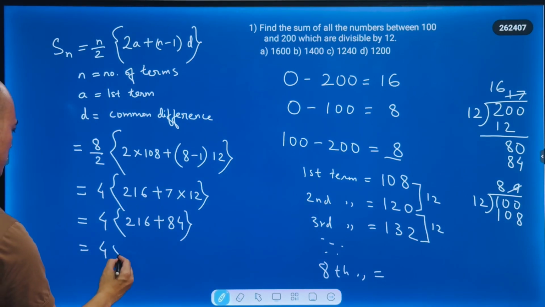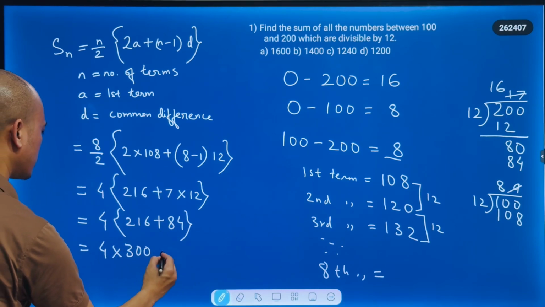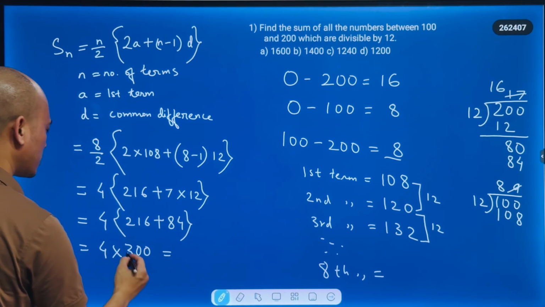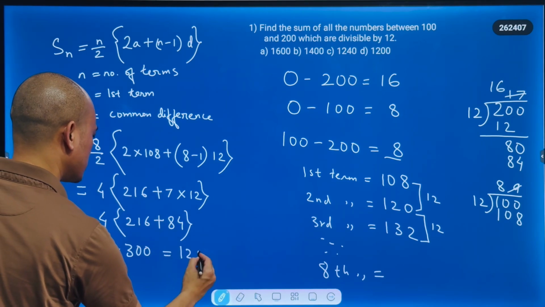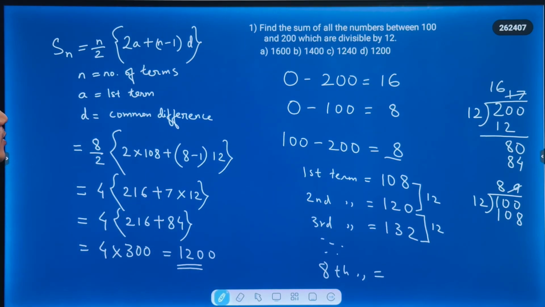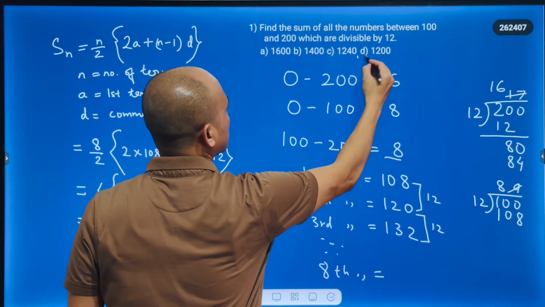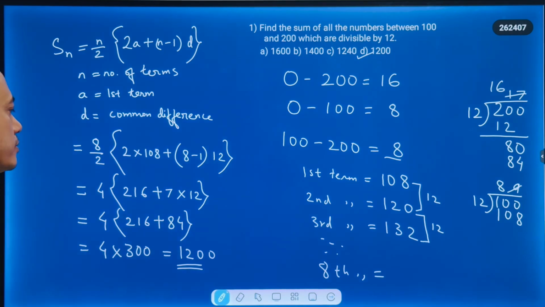So 4 into 216 plus 84, this is 300. So 4 into 300, 4 3s are 12, then 0 0. So the sum of all the numbers between 100 and 200 is 1200. Option D is the answer here.